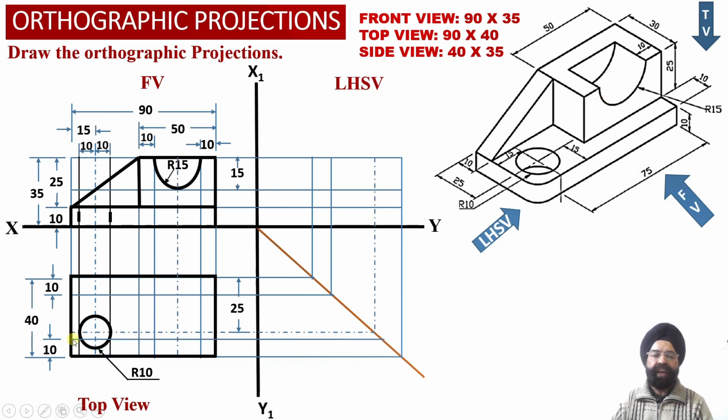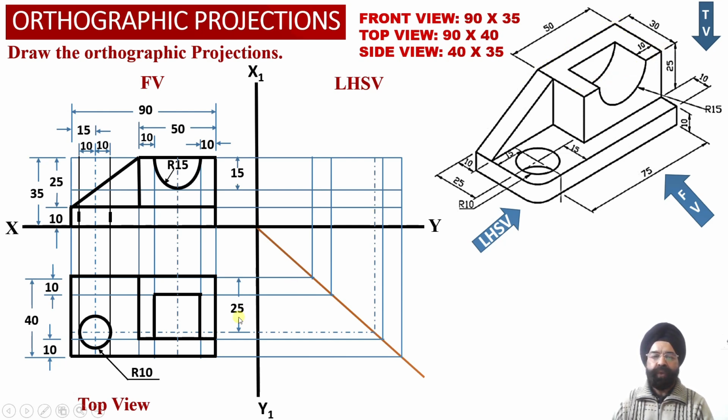So we have drawn a horizontal projector line at a distance of 10 millimeter from the front face of the solid into the top view projections, and we have transferred this horizontal projector line into the left hand side view projections. Now we can join this portion of the rectangular block which will be visible to the observer from the top view.